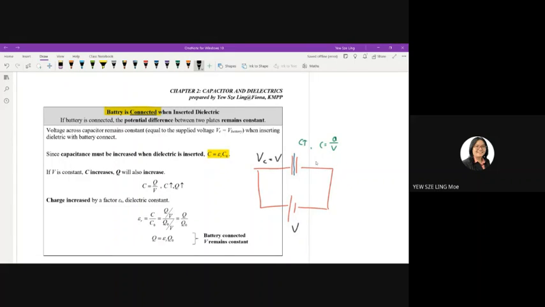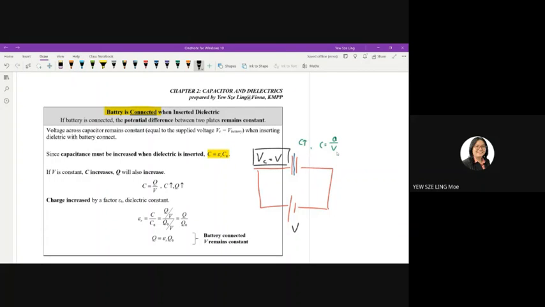Why? Even though the moment you insert the dielectric the V drops, because it's connected to the battery, it will keep charging the capacitor until it is fully charged again. And when it's fully charged, we can assume the V is constant.